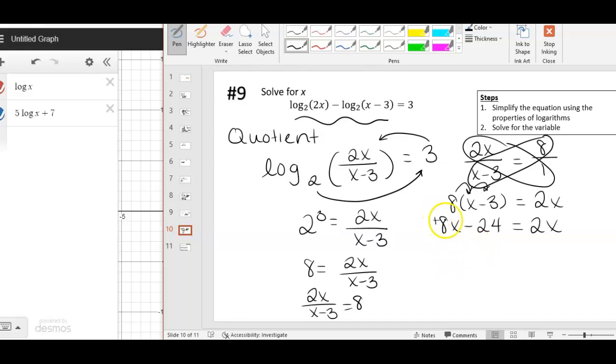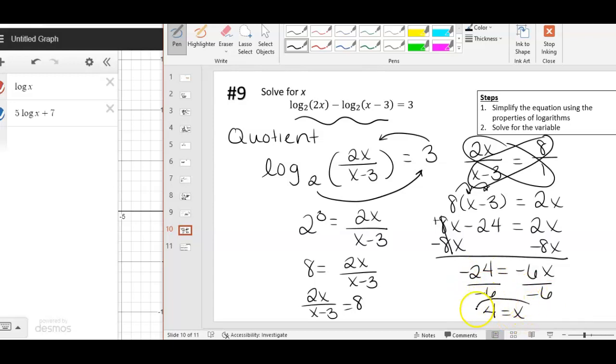I'm going to subtract 8x from both sides. 8x minus 8x cancels, and I have negative 24 equals 2x minus 8x, which is negative 6x. Now I'm going to divide both sides by negative 6, and negative 24 divided by negative 6 is 4, so that gives me 4 equals x. And that is the solution to this equation.